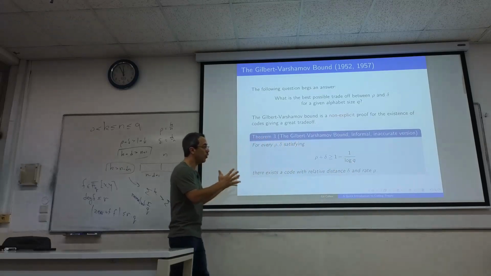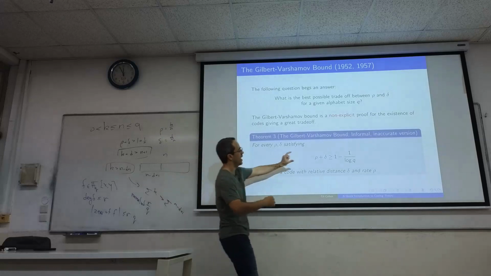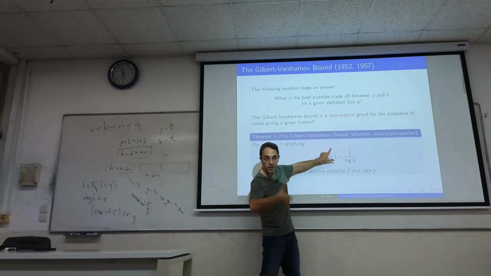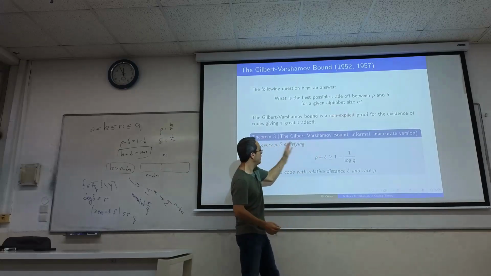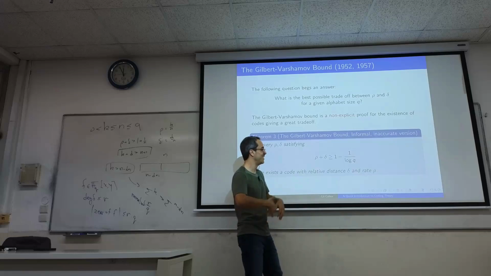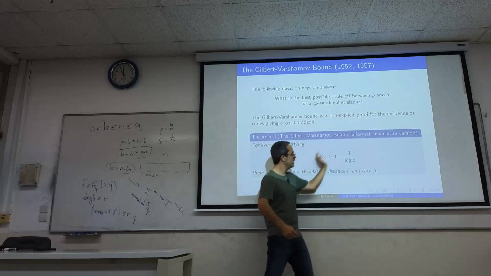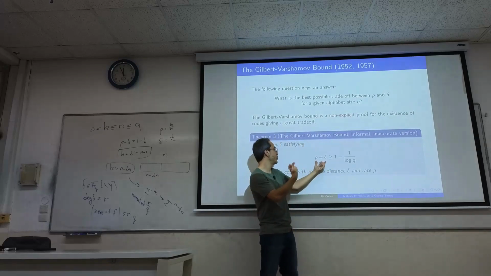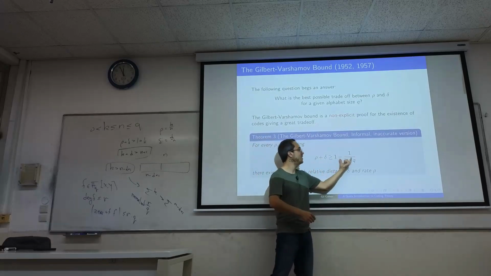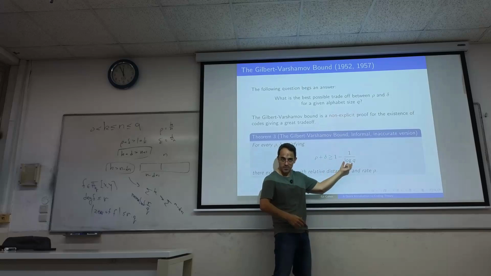Okay, so singleton is the other way. It's an upper bound. It's a barrier. You can't do too well. The Gilbert-Varshamov bound is a good bound: there exists a code for every rho and delta, as long as you're not too greedy and rho plus delta shy away from 1 by this much.